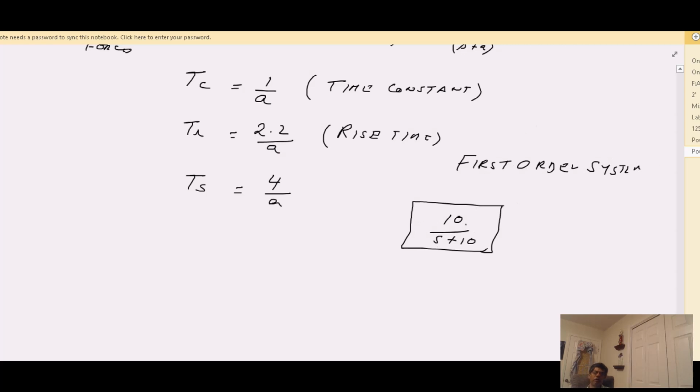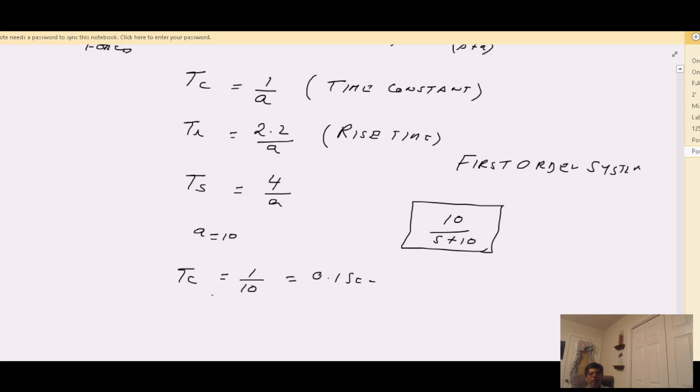Well, you know here A is equal to 10, isn't it? Since we know the value of A, we can find all these values. We can find the time constant. Time constant will be simply 1 over 10, which is 0.1 seconds.